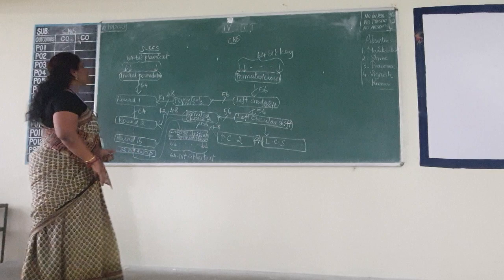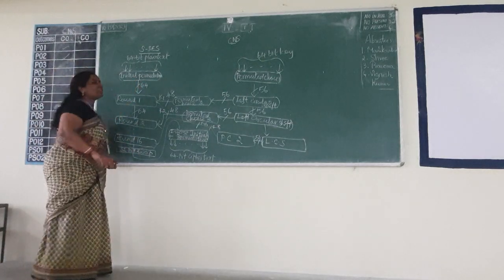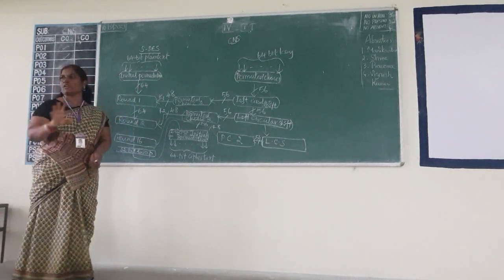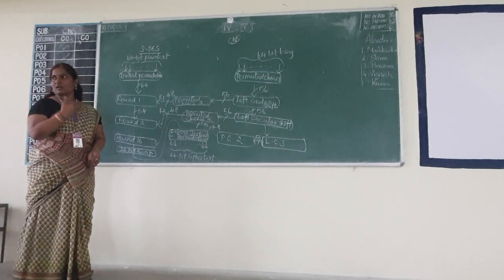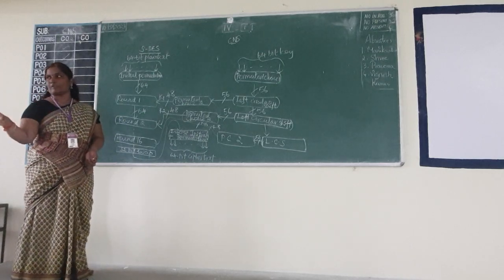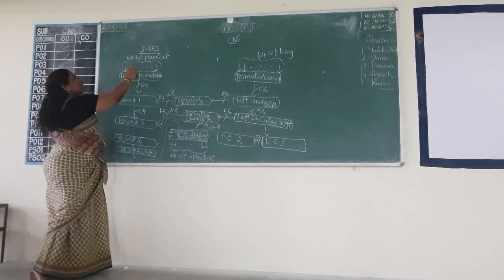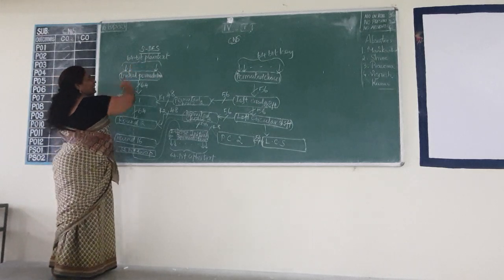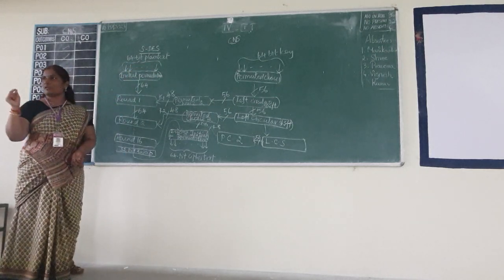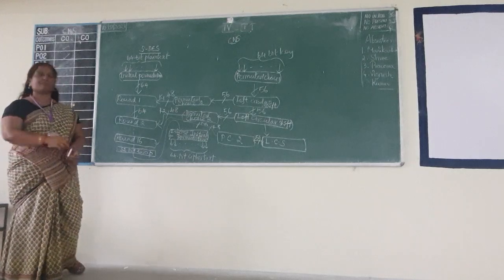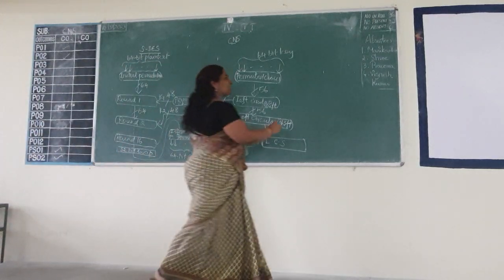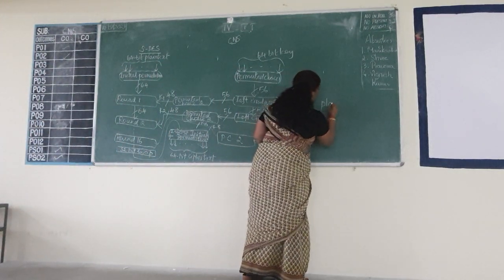So this is a simplified DES encryption algorithm: how the encryption in DES is performed. A 64-bit plain text will be considered because the DES algorithm takes the plain text as 64-bit.